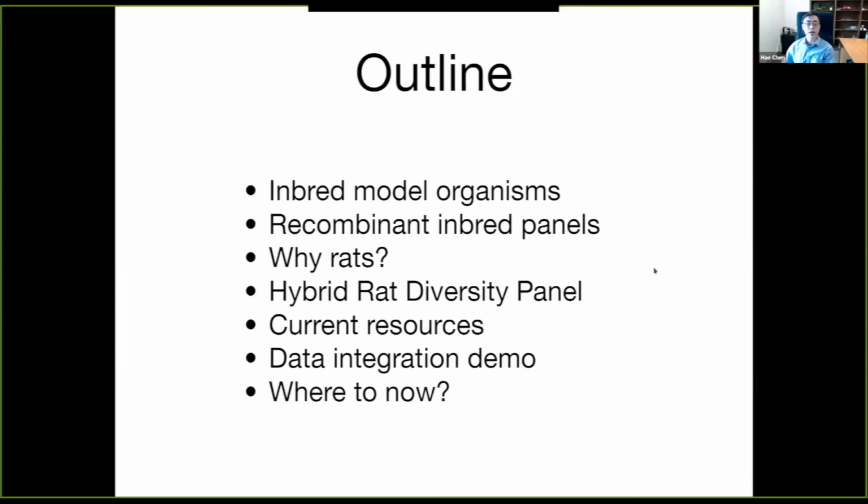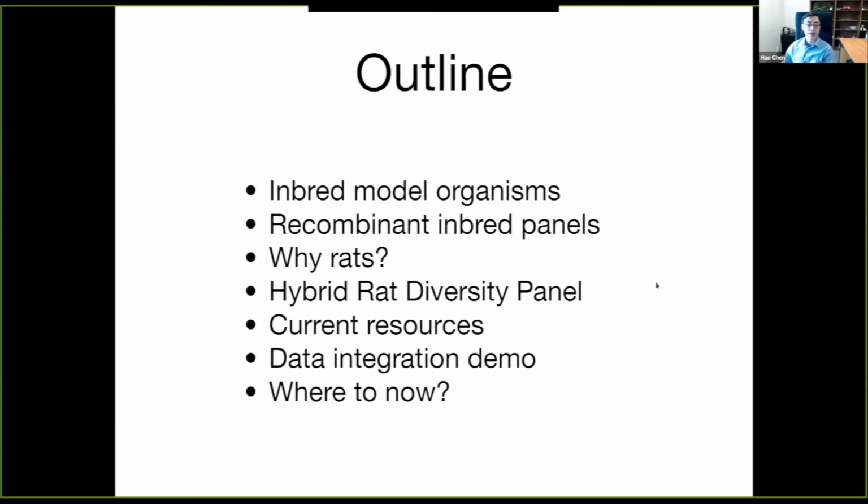Okay, so here's the outline of what we try to cover today. We'll be talking about inbred model organisms, and from that we'll be expanding into recombinant inbreds, and then we'll have a little bit of discussion on why some people prefer to use rats in their studies, and then we'll start talking about the hybrid rat diversity panel, which is the main topic of today's webinar.